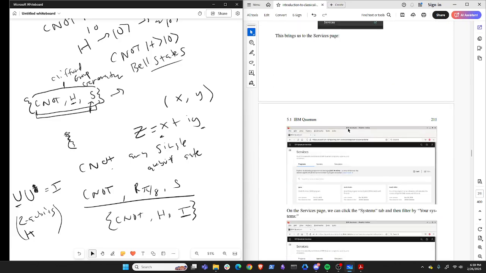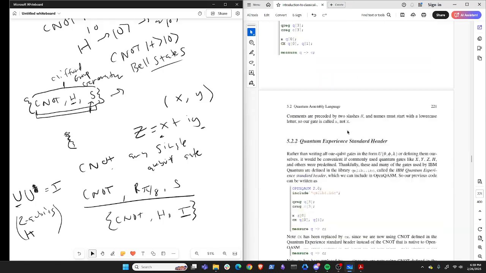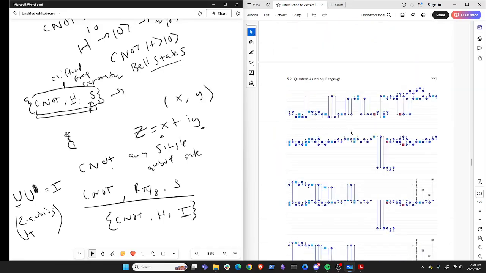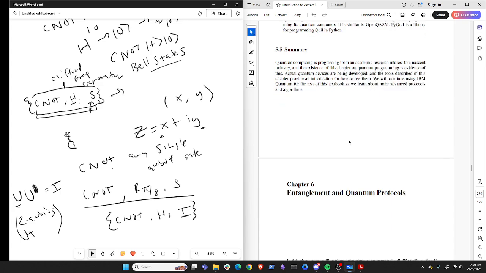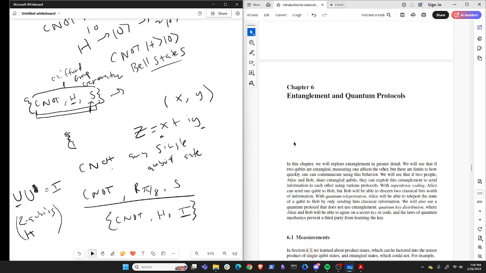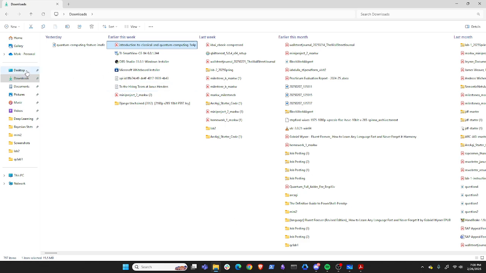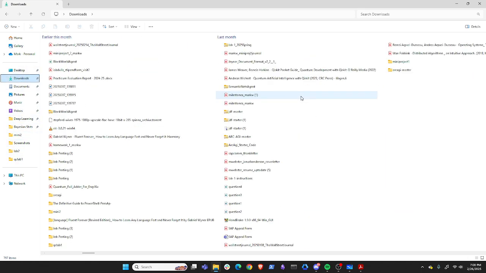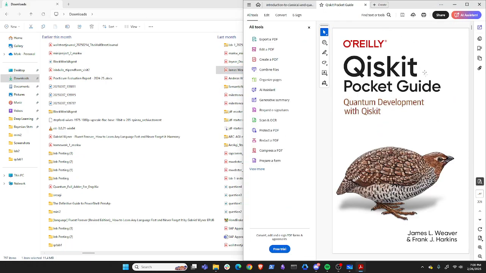Quantum programming, cool chapter, but honestly, complete dead weight in this book. I skimmed over it in 10 minutes or so. If you guys are interested, I prefer you just libgen the Qiskit Pocket Guide.